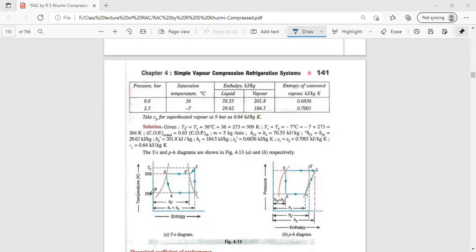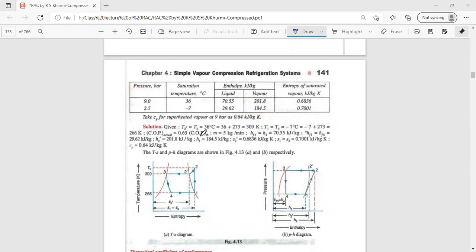T1 is equal to T4, 266 Kelvin itself, and the high temperature T2 dash is the temperature at the outlet on the dry saturated line, and T3 is the temperature at the outlet of the compressor and on the condenser itself. Now, the actual coefficient of performance is given as 0.65 of the COP.